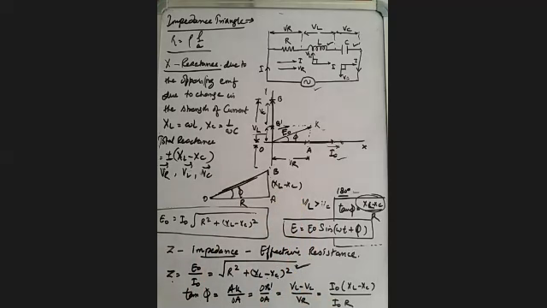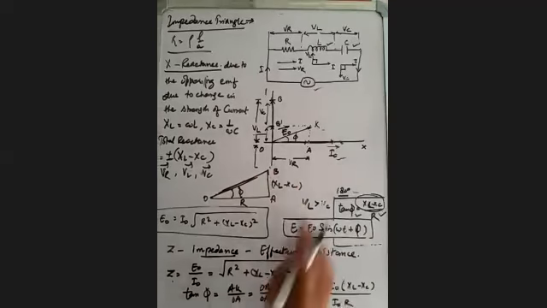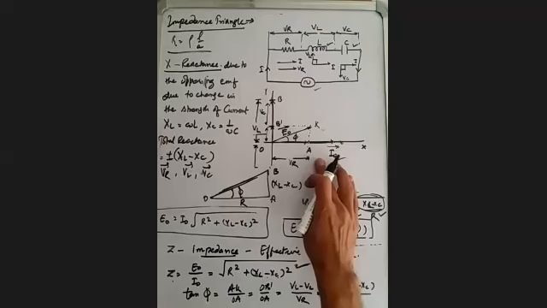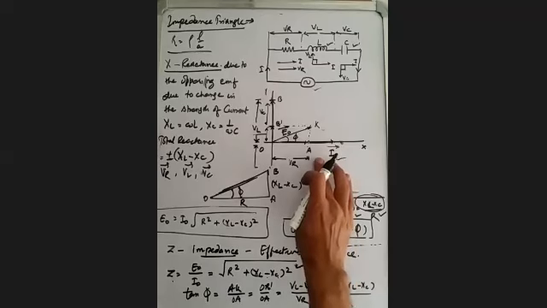So tan phi again is equal to XL minus XC upon R. So this is how we can get the phase also. So this is about the impedance triangle, which we get from the same phasor diagram that we have discussed in case of RLC circuit.